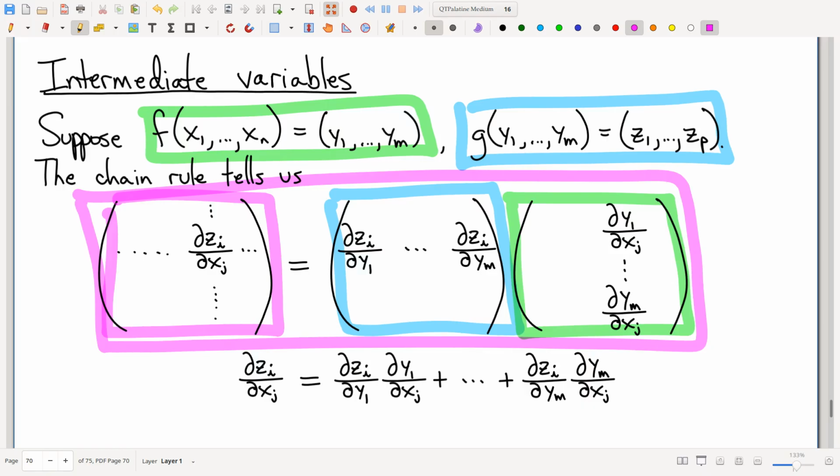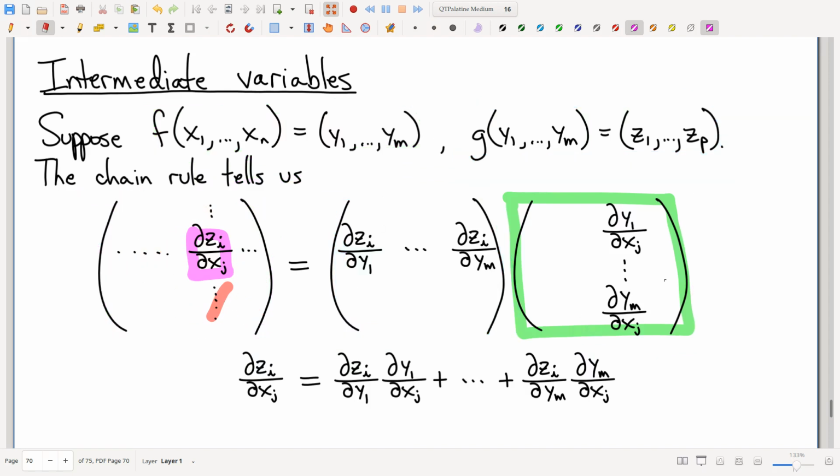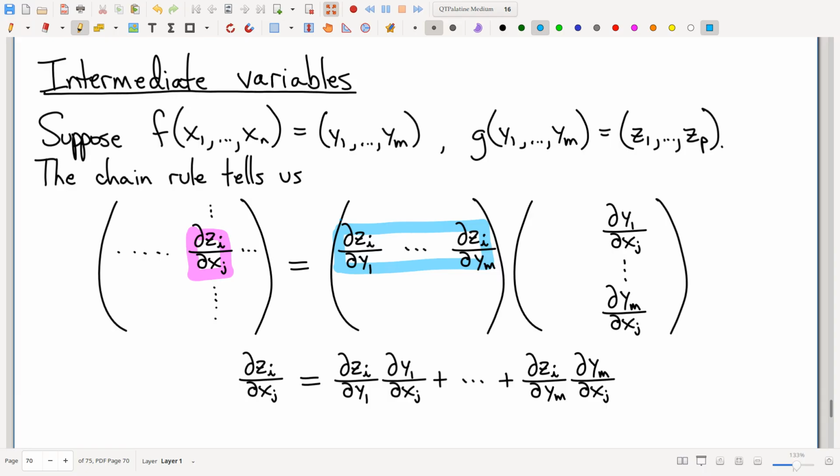Nothing new yet. But sometimes, if you are only interested in just that one partial and you don't care about the rest of all of this stuff, you don't need it, right? You just want to know this one partial derivative, it can be really convenient to notice that you can compute that one entry just by looking at just the corresponding row of the left matrix, and correspondingly just the corresponding column of the right matrix.